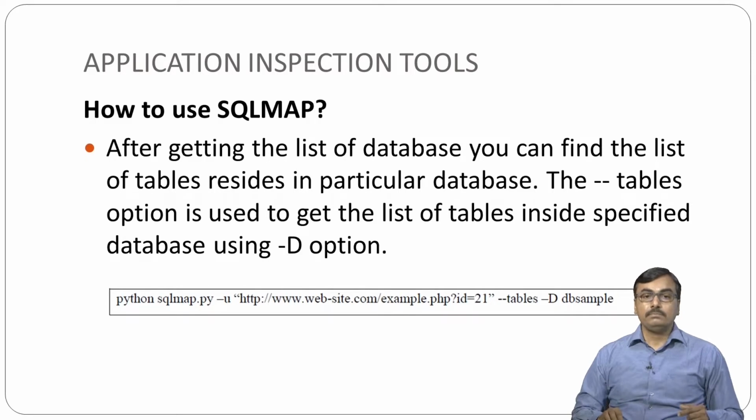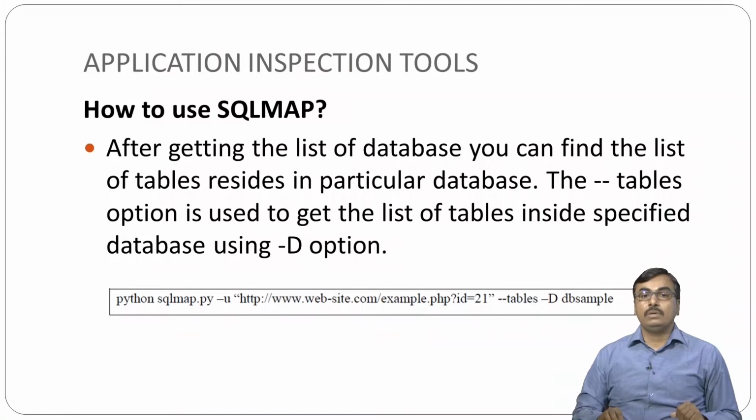So in the previous command we got the database list. Inside the database we are now finding the tables. Through that we will get the list of tables residing in the particular database mentioned by the -D option. You can observe in this slide, after -D there is DB sample.